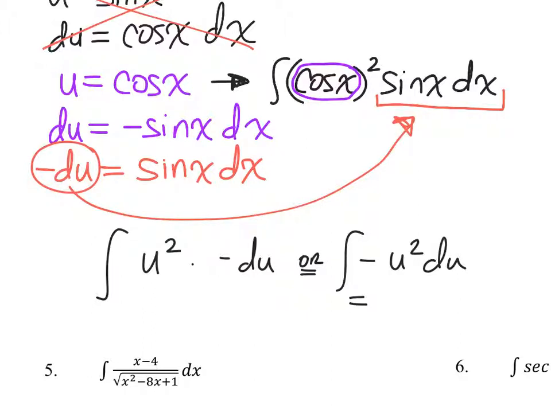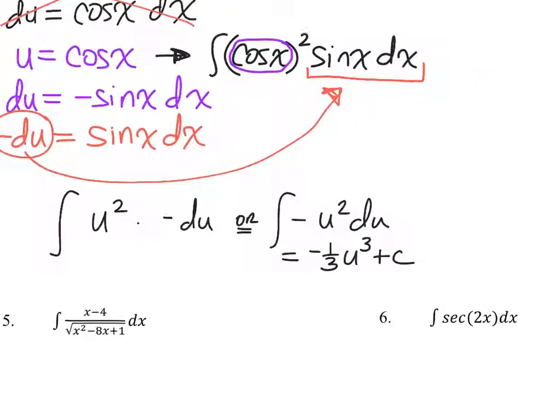Integrate that, increase the exponent by 1, divide by the new exponent: negative 1/3 u cubed plus c, with u being equal to cosine of x.